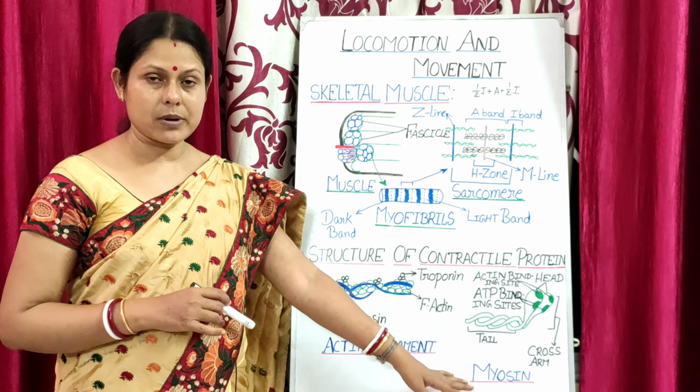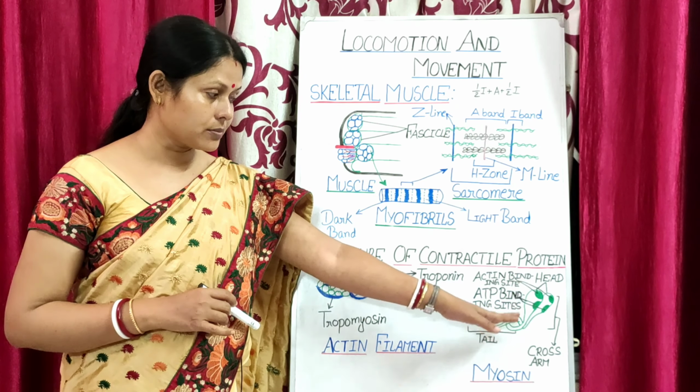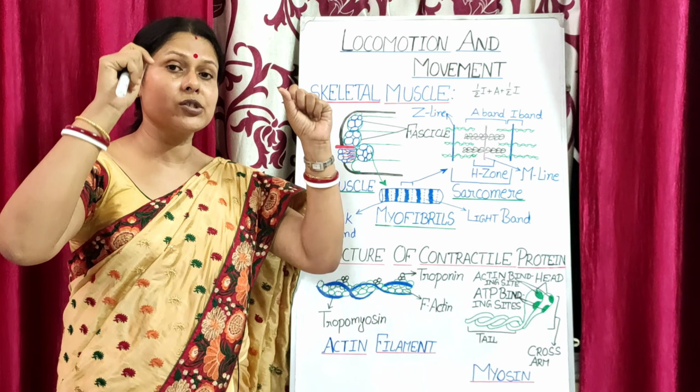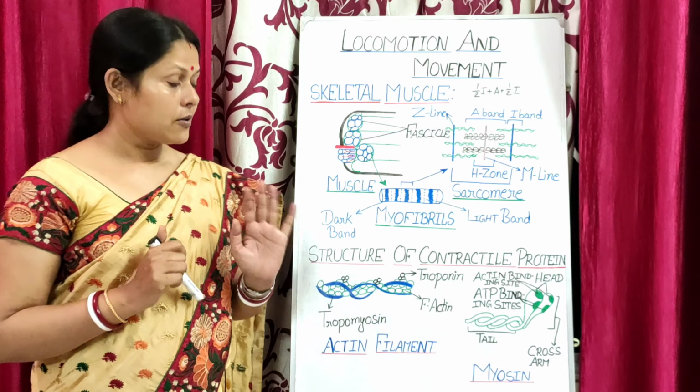Okay, and we talked about the myosin and the various head portions, the cross arm portion, which will be forming the cross bridge with the actin filament, and the tail portion. Fine.